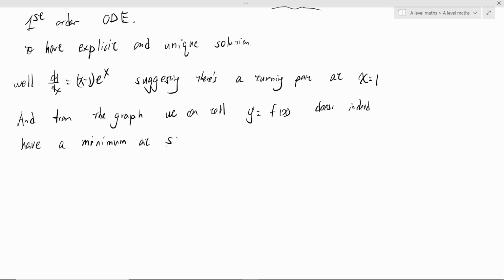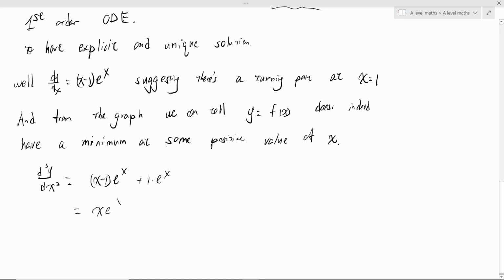At some positive value of x. We may further check what is the second derivative. By using the product rule, we know that it must be (x minus 1)e^x plus 1 times e^x, which is x e^x.